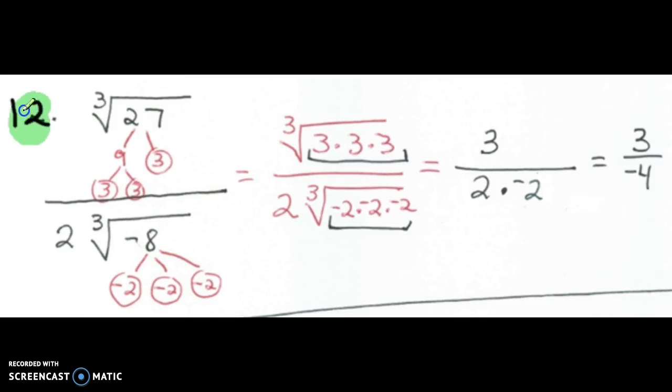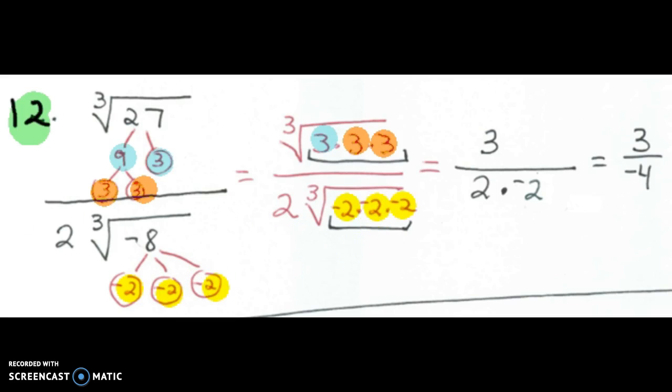In problem number 12, we have the cube root of 27 divided by 2 cube root of negative 8. I'm going to factor 27: 9 times 3. That's where that 3 came from. I'm going to factor 9, 3 times 3. That's where those 3's came from. I am going to factor 8. So 2, I'm going to make it negative, and then 4, I'm going to factor 4, 2, and 2.